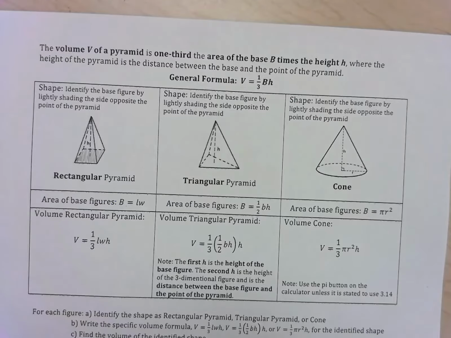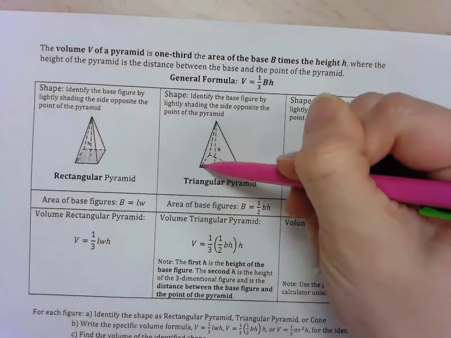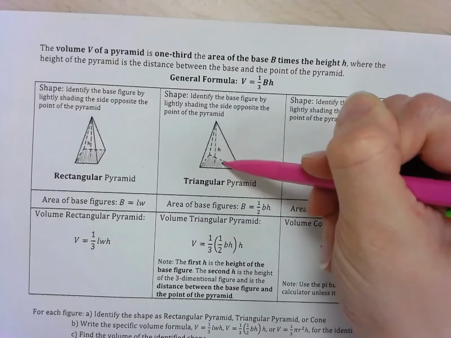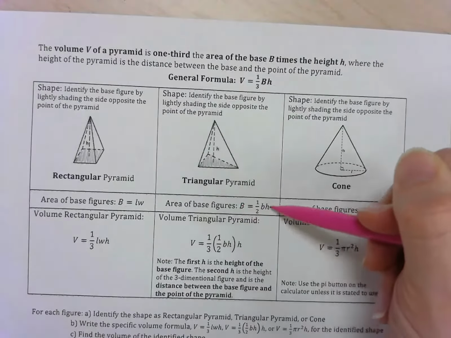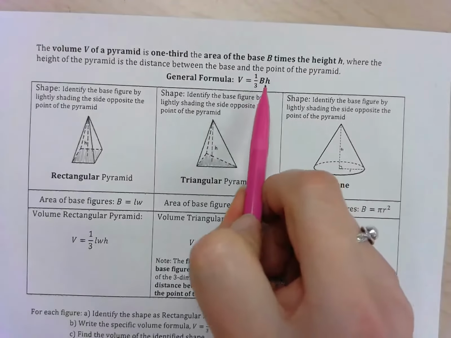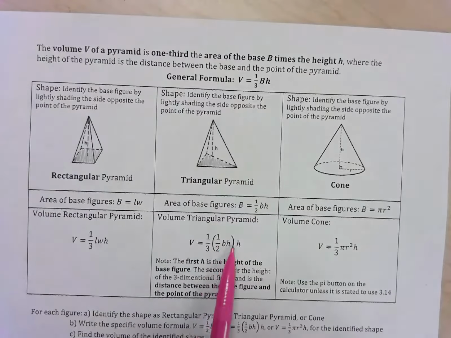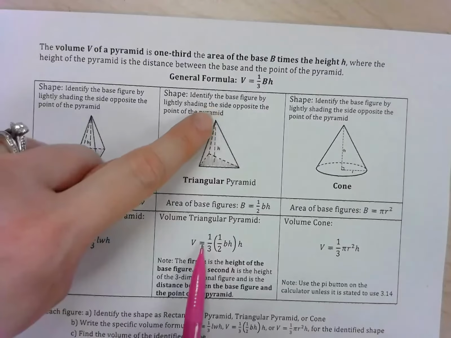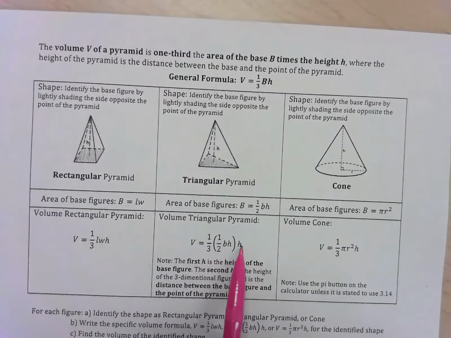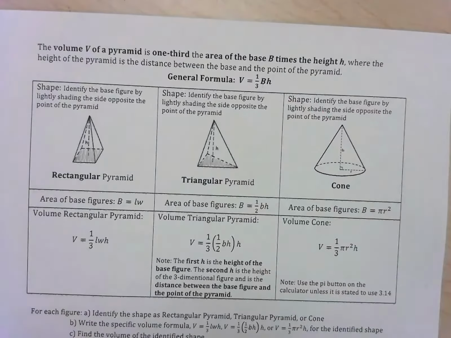Again, for the next one here, we have a triangular pyramid. We see that triangle as the base, so that base area is 1/2 base times height, replacing, in our general formula, the big B with 1/2 base times height. Again, remembering the 1/3, because this is a pyramid, it comes to a point, and of course having the height at the end for the volume.